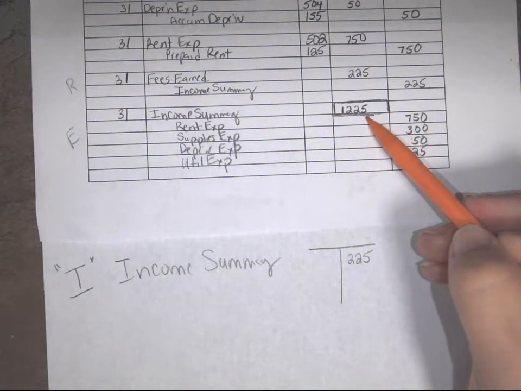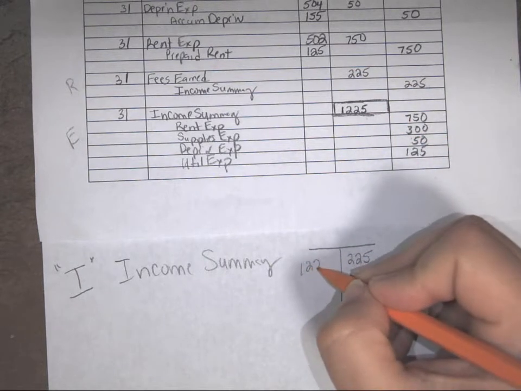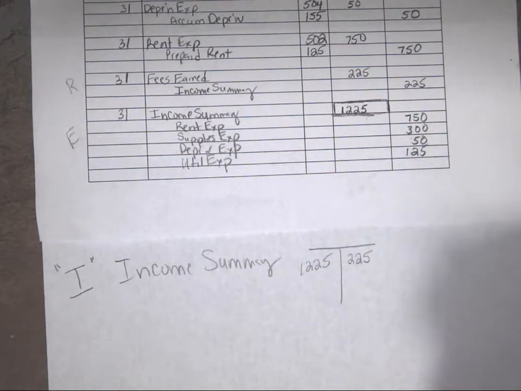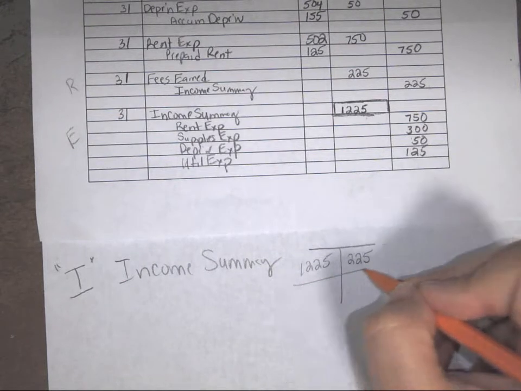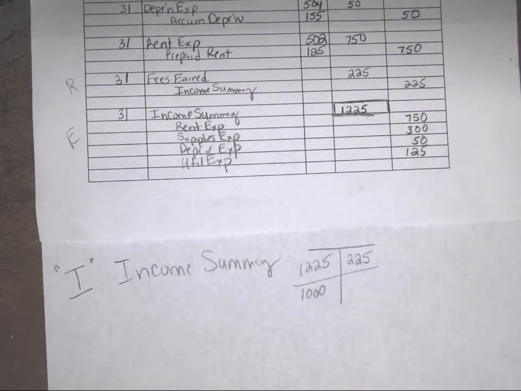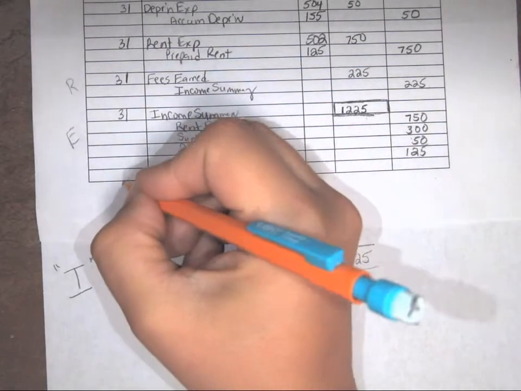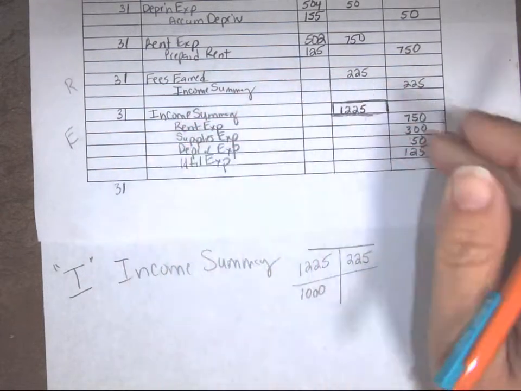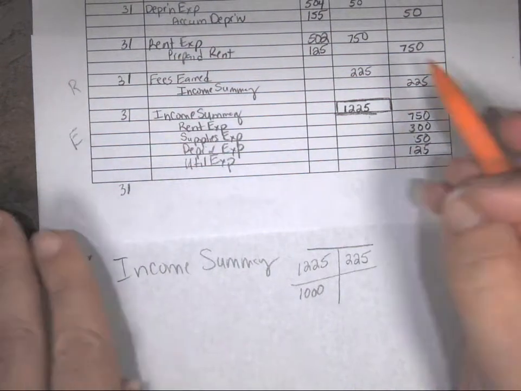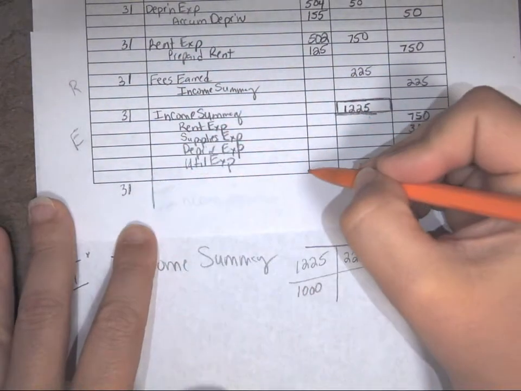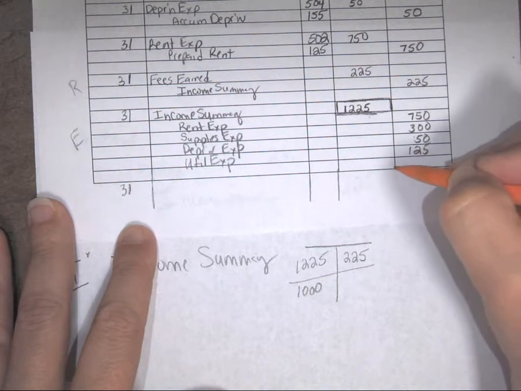We have a debit for 1225. In looking at that, what that tells us is that we are at $1,000, and it is on that debit side. So when we get ready to close this particular account, I'm just going to go right underneath this and kind of put the 31 there. What we're looking at is closing this account out.